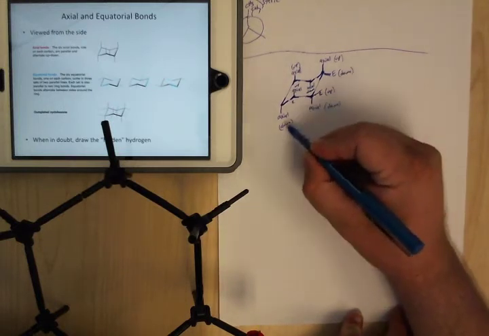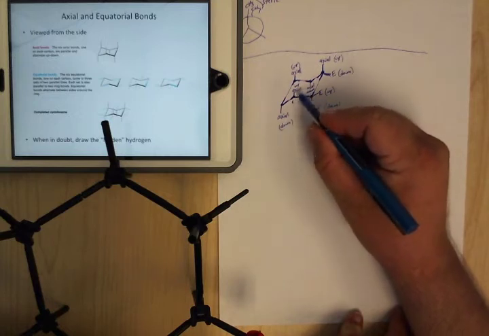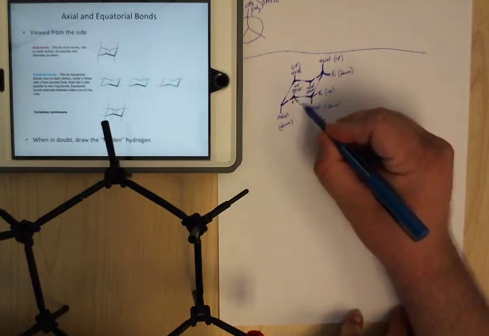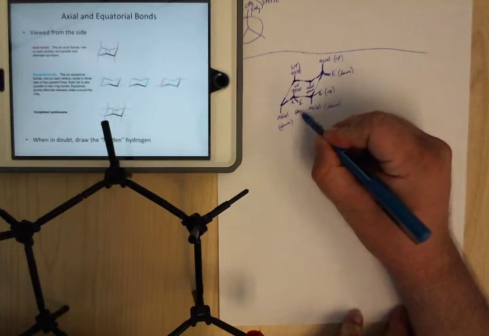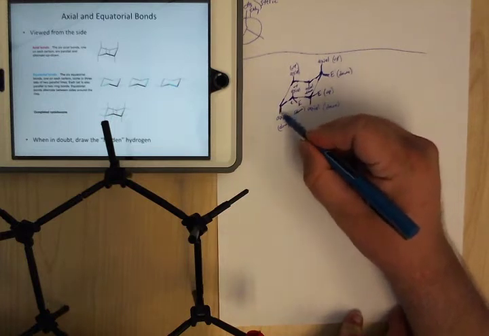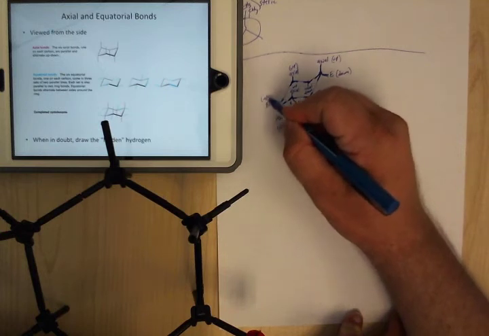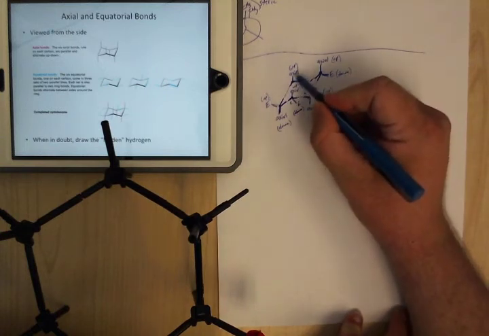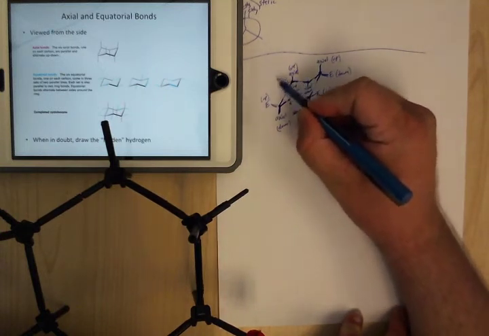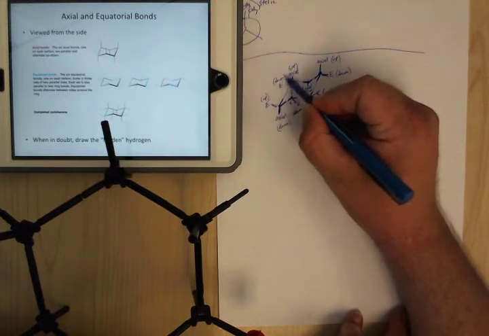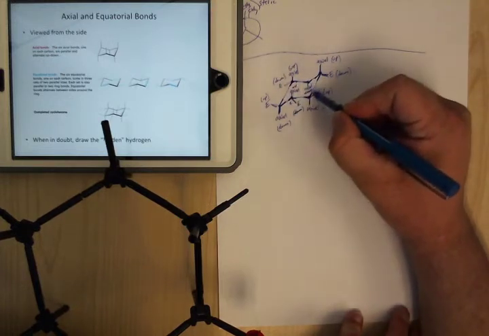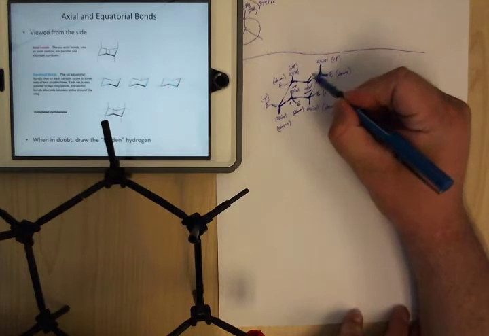Again, if the axial's up, the equatorial is down. This one's down, so the equatorial is considered up. Axial's up, so the equatorial is down. And right here, axial's down, so the equatorial is up.